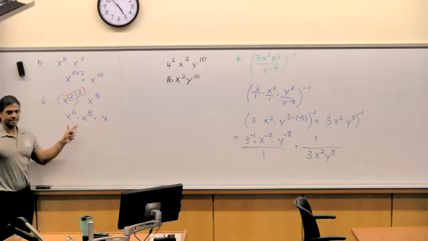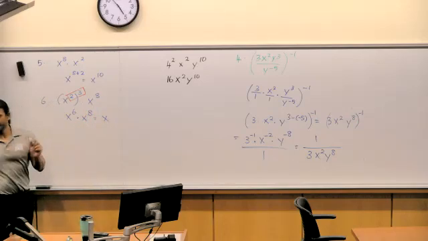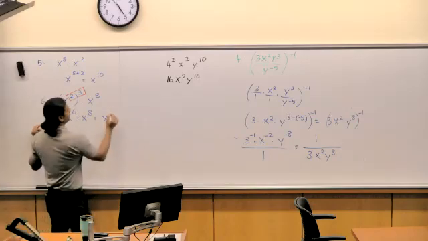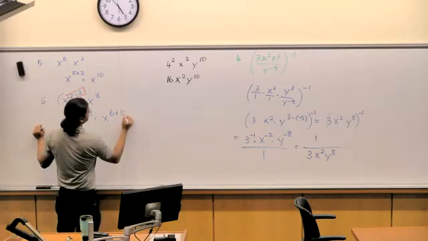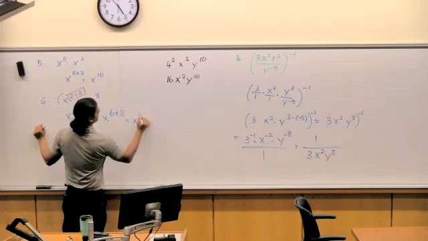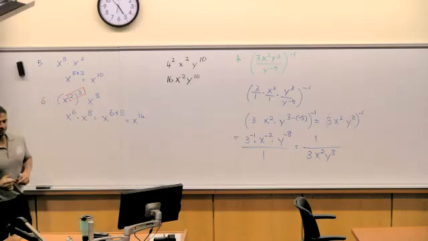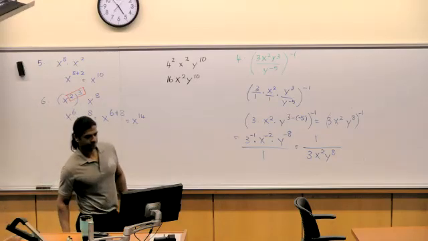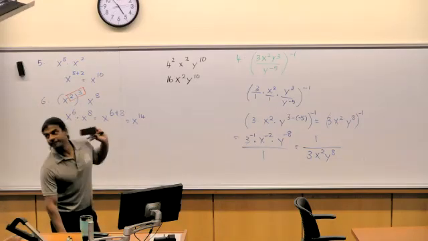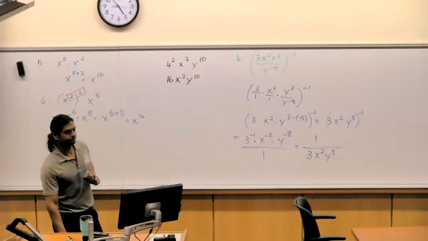Bases are identical, so what do I do to the powers? I'm going to add them. So 6 plus 8, which will give me 14. So the answer is x raised 14.